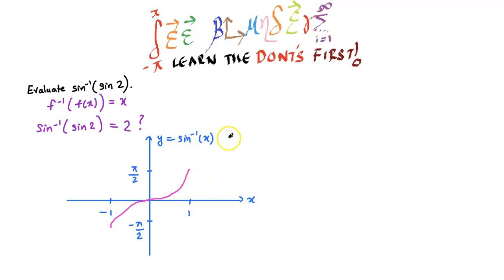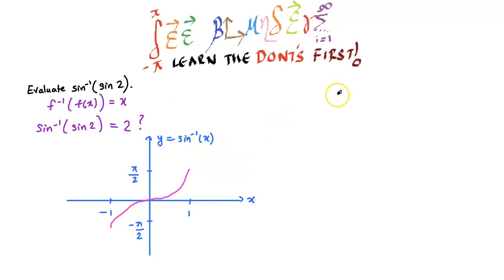Right? So sine inverse of sine 2, the most important thing to realize here is that 2 is an angle. We're used to thinking about angles in multiples of pi, but it doesn't have to be a multiple of pi. So 2 is an angle here, and by default in math, when we refer to an angle, we refer to it in radians.